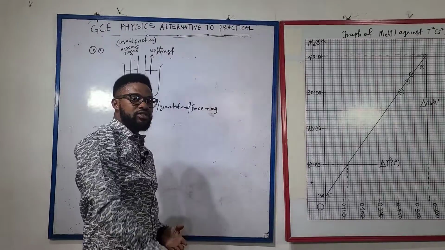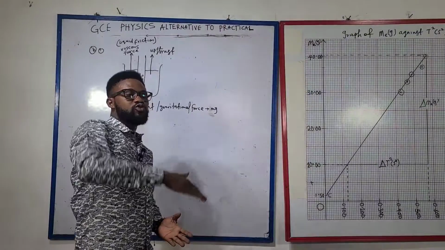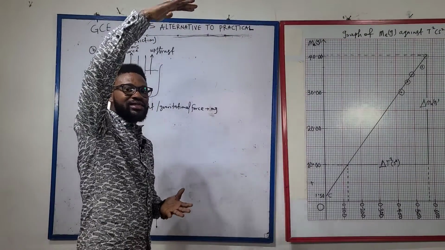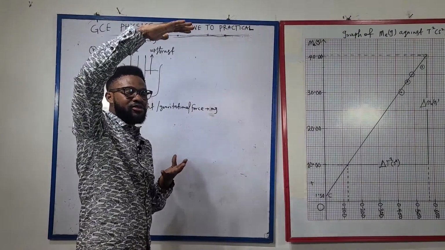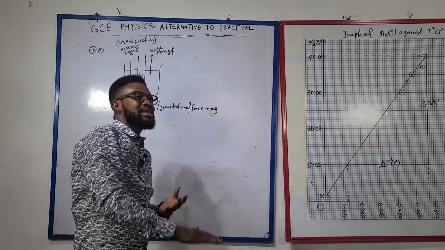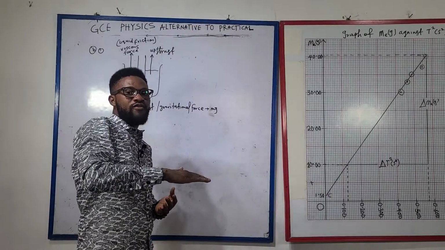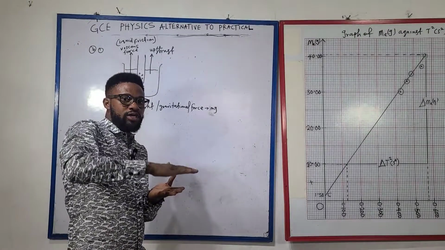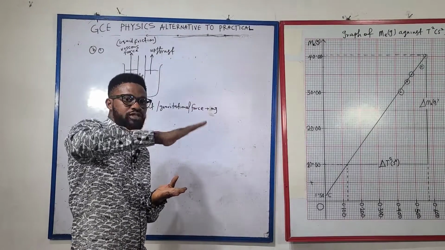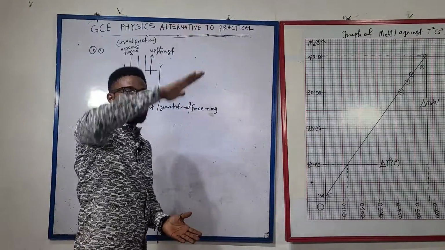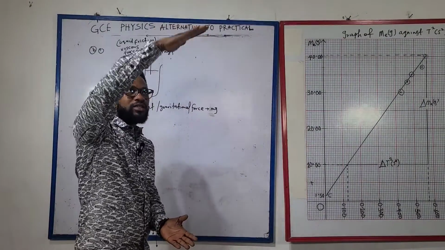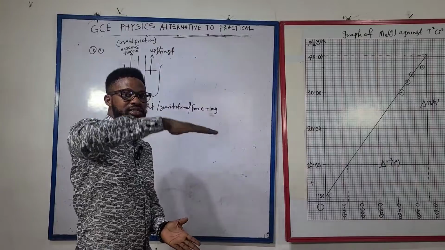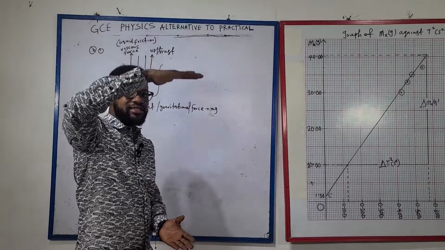At that time, the amplitude is large, which means you can really observe clearly that this test tube is bobbing up and down. But over time, the bobbing up and down begins to reduce. It's not as pronounced as at the start. So it's decreasing and decreasing, and then it steadies over time.